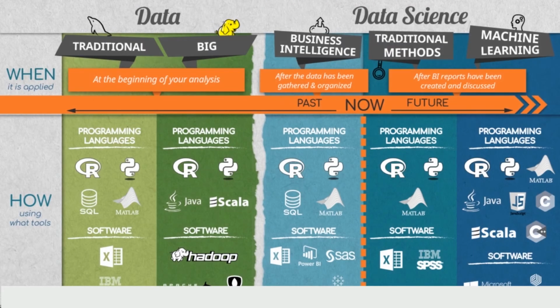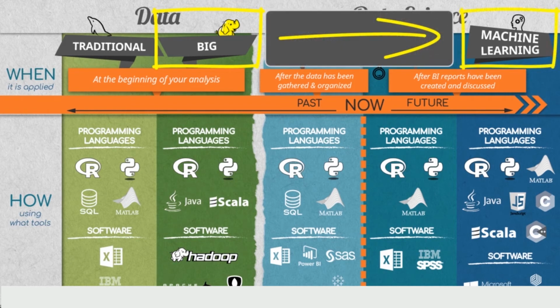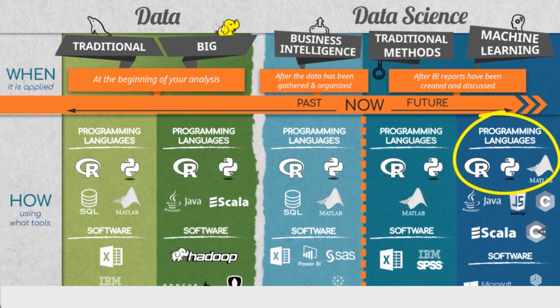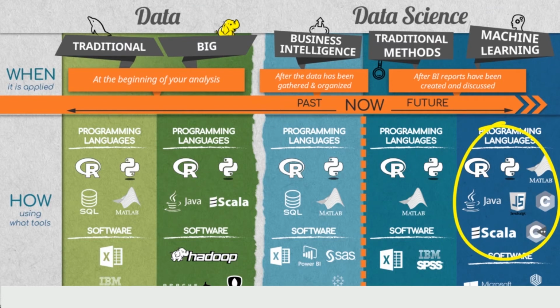When it comes to machine learning, we often deal with big data. Thus, we need a lot of computational power, and we can expect people to use the languages similar to those in the big data column. Apart from R, Python, and MATLAB, other faster languages are used like Java, JavaScript, C, C++, and Scala.